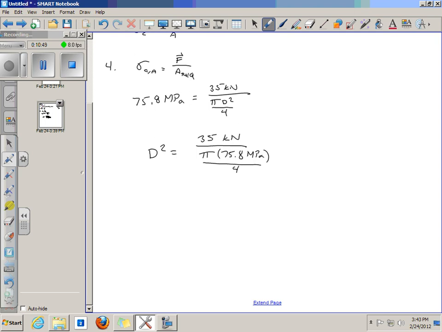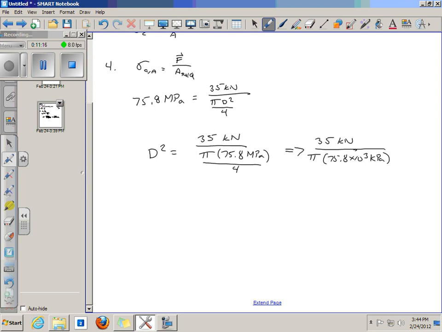Okay, so let's see, maybe it's easier to go mega to kilo because it's just another 10 to the third. So 35 kilonewtons over pi times 75.8 times 10 to the third kilopascals.